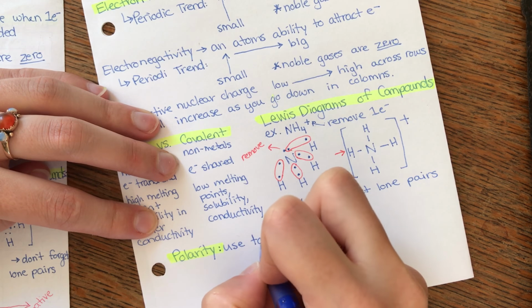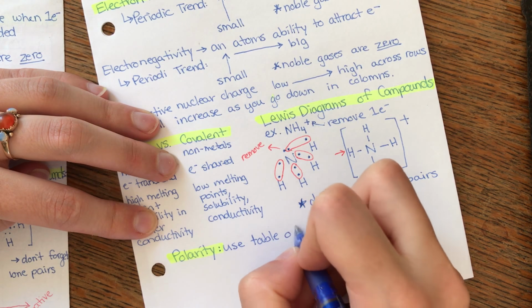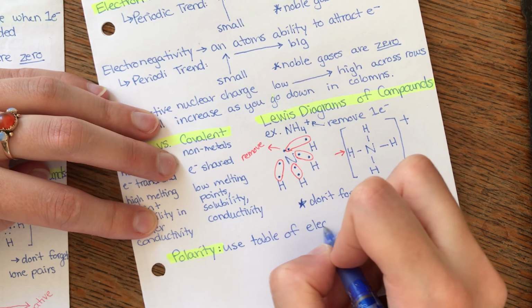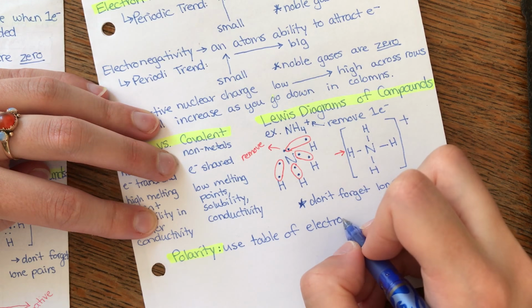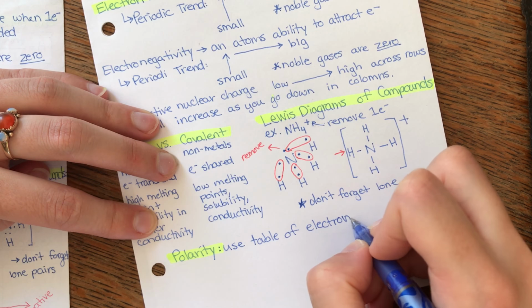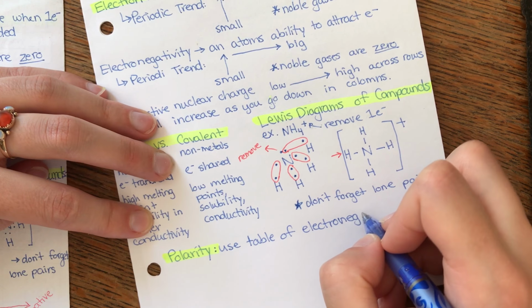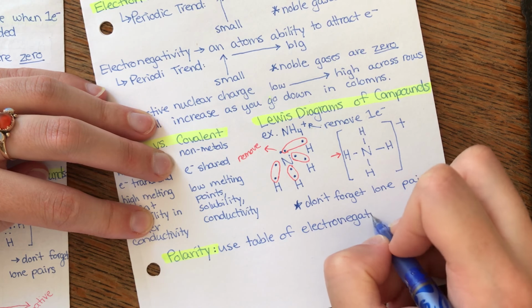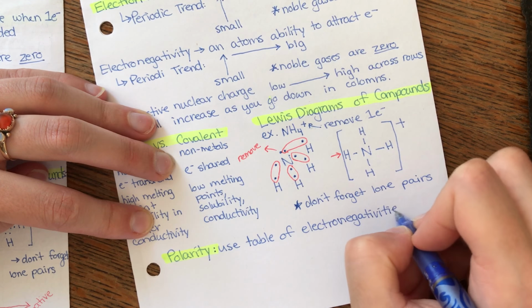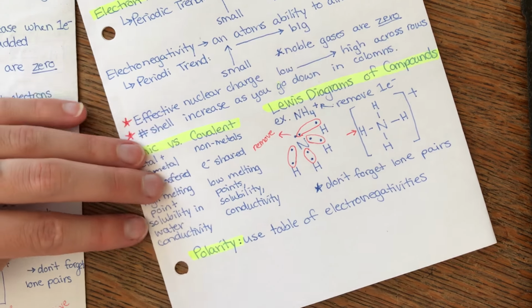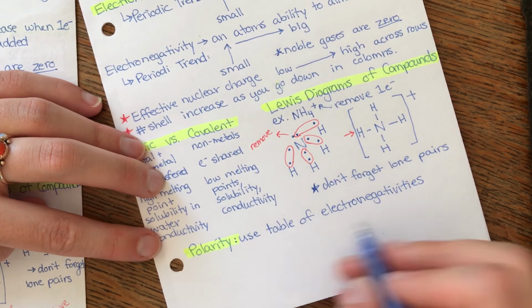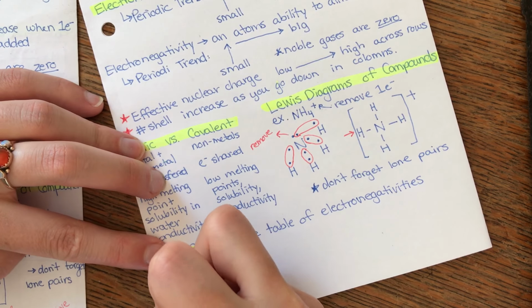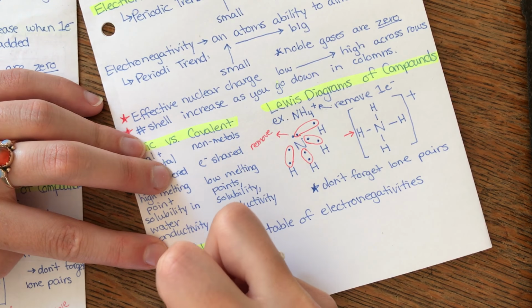So use the table of electronegativities. And there's a couple different pieces that go into showing polarity. The first one are partial charges.